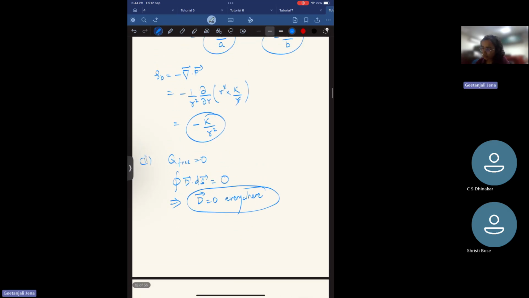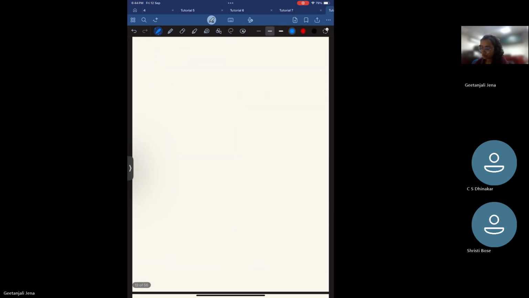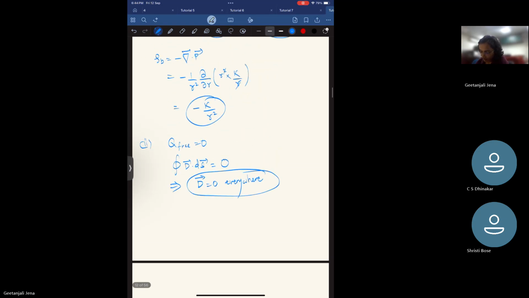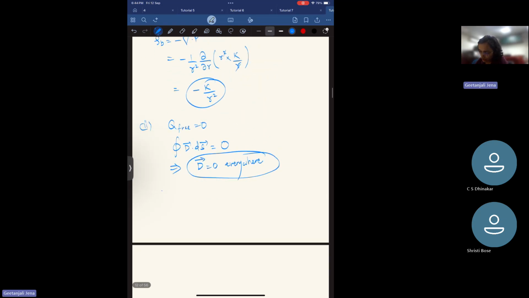Let us see the electric field now. If you recall, D is nothing but epsilon naught E plus P. This is the relation we had seen before in the class.